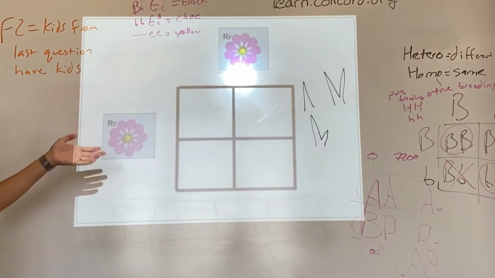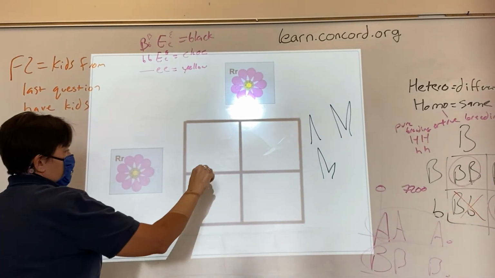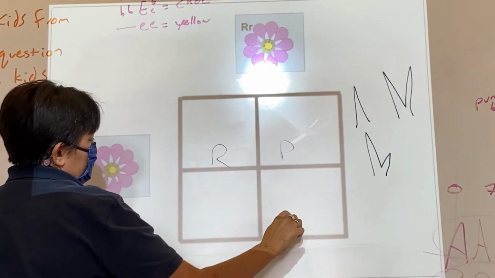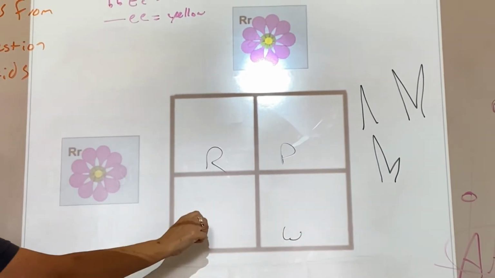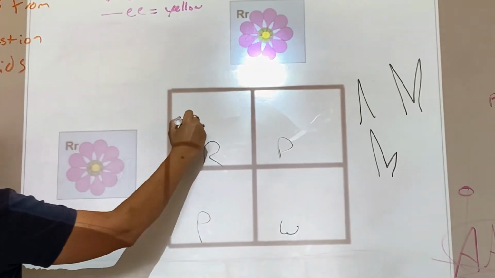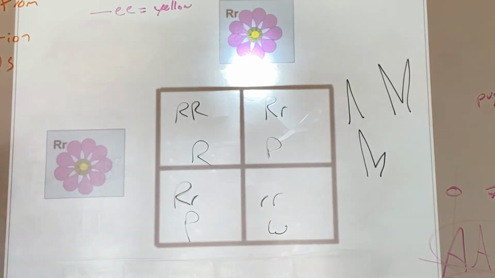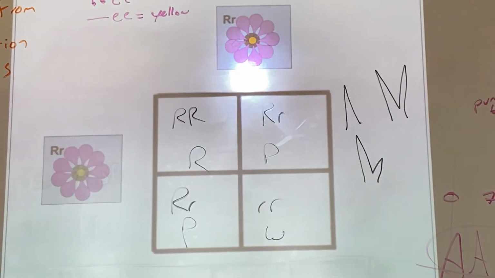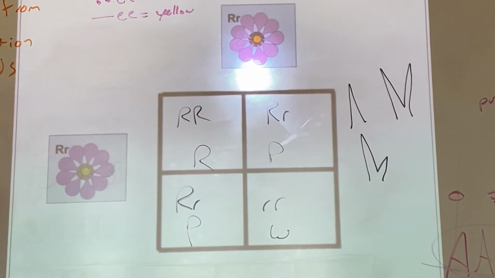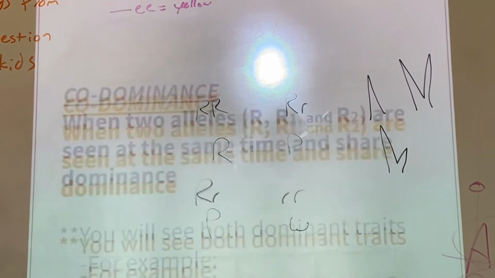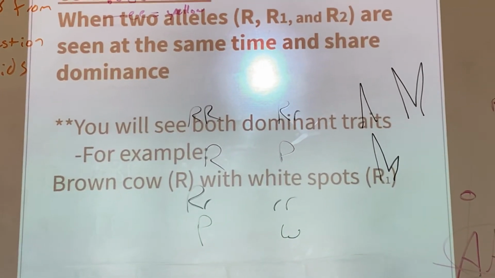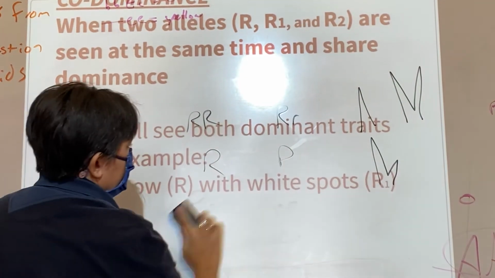If you cross two pink flowers, then you can get red, pink, and white back. Alright? So then codominant is you get both. A lot of the examples will be in animals with fur.